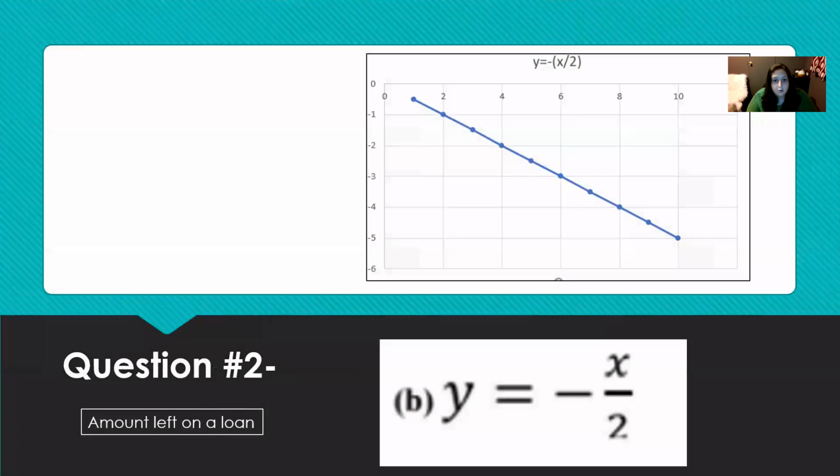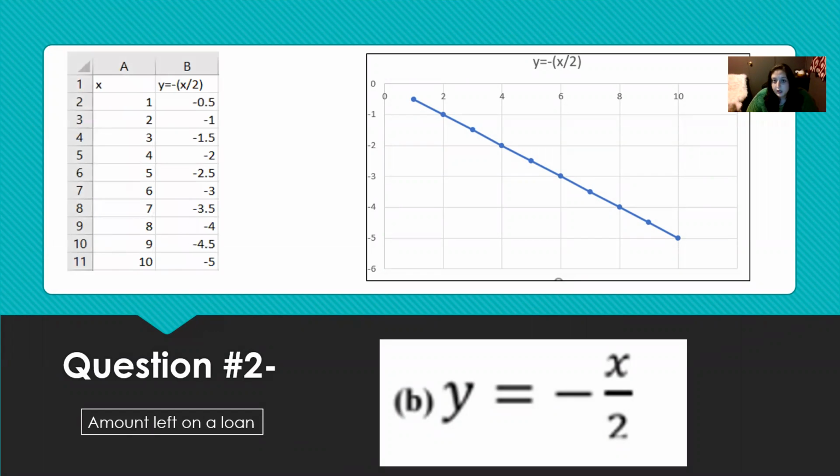Moving on to y equals negative x over 2. So this is going to be the opposite of the one before. So we're looking for a problem where the number is slowly going to be going down. And what I could relate to would be the amount of money left on a loan.